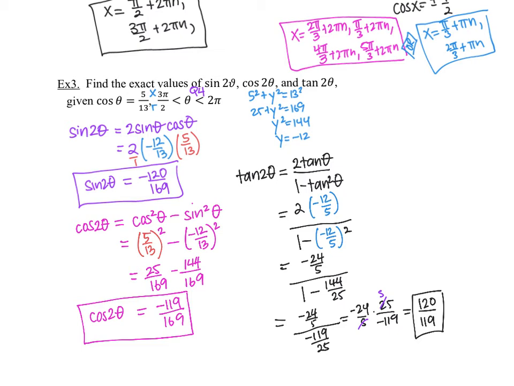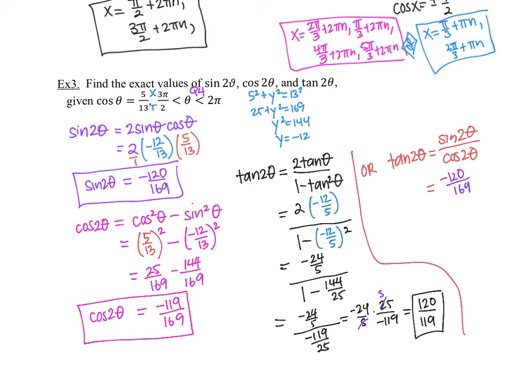Okay, or because I've already done so much work to find the sine of 2 theta and the cosine of 2 theta, to find the tangent of 2 theta, I could use my answers for sine of 2 theta and cosine of 2 theta. The sine of 2 theta was negative 120 over 169, and then the cosine was negative 119 over 169.